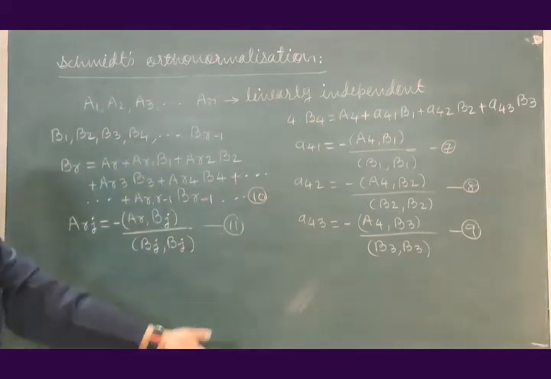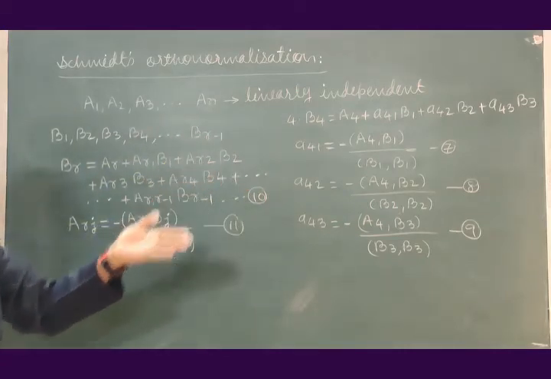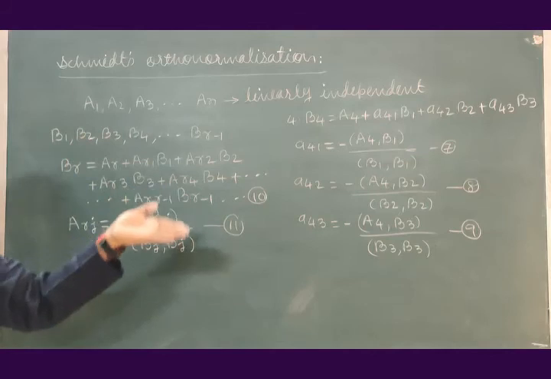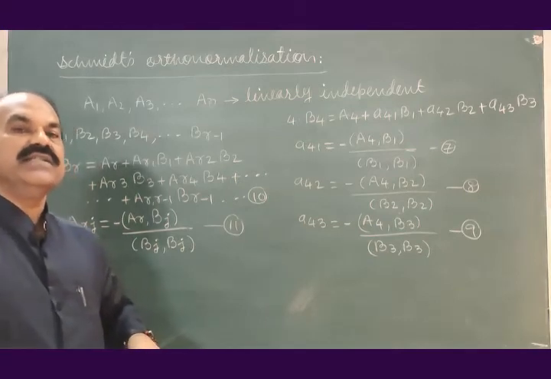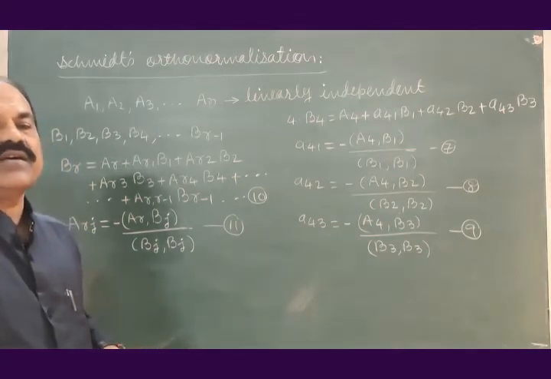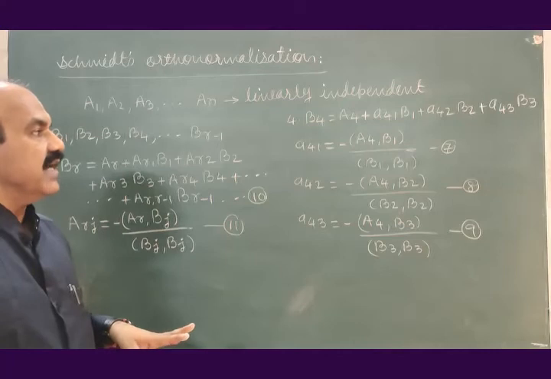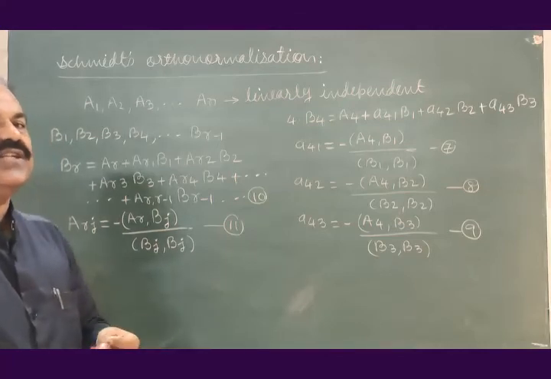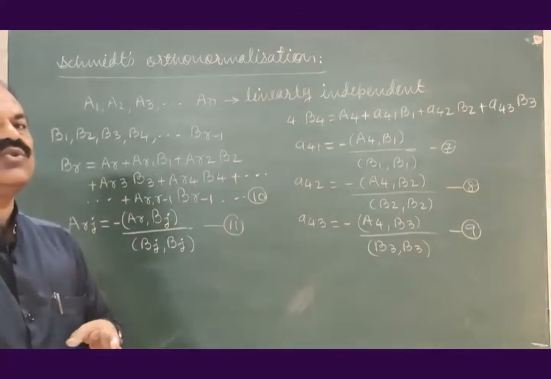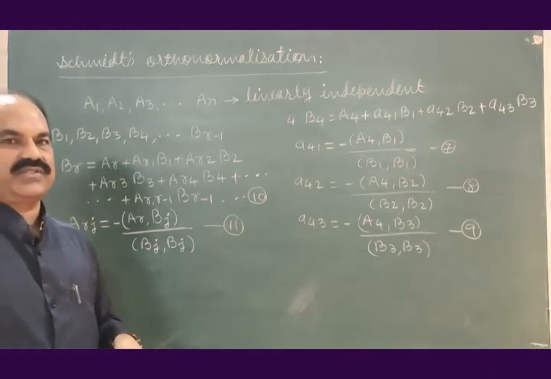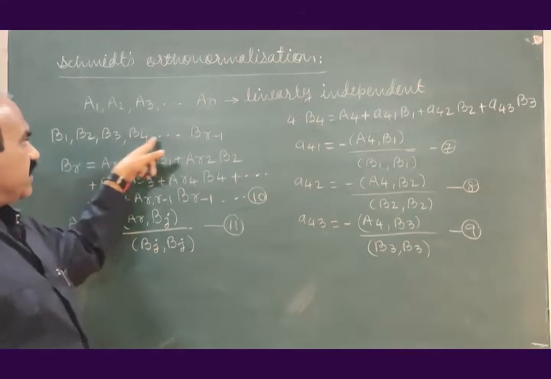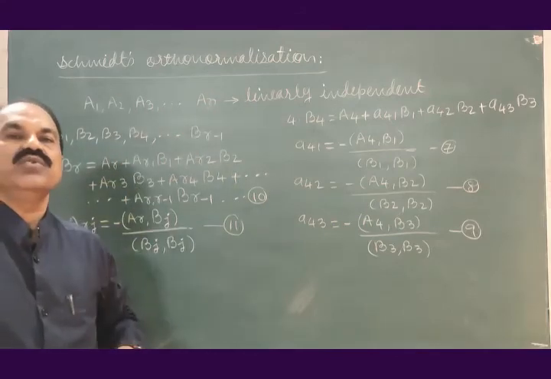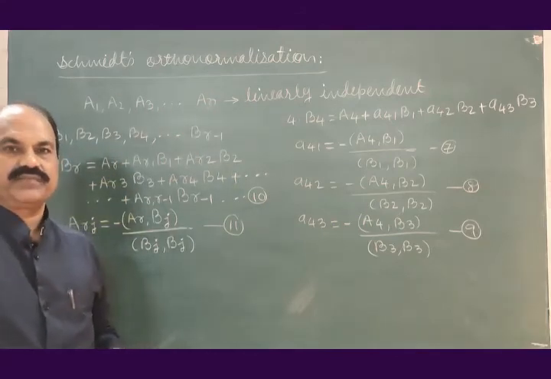The same thing that we have calculated already. This way we can find all the vectors in the set of orthogonal vectors corresponding to this. All these vectors will be orthogonal to each other.